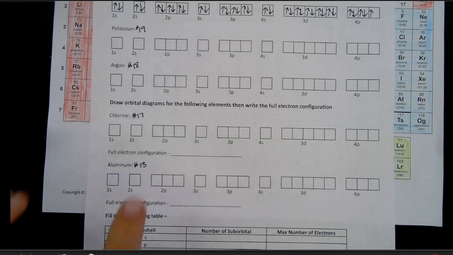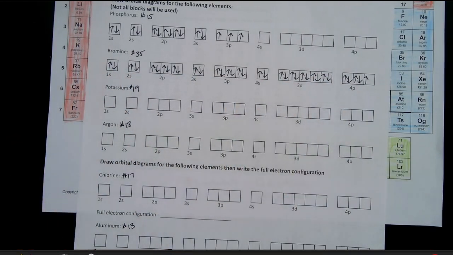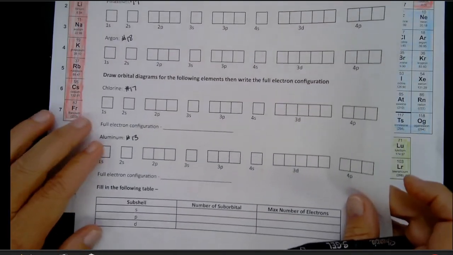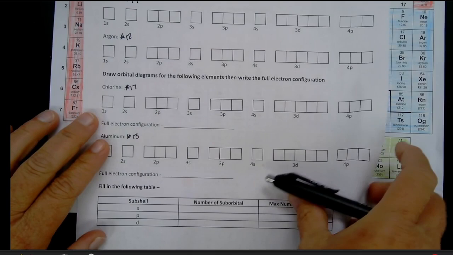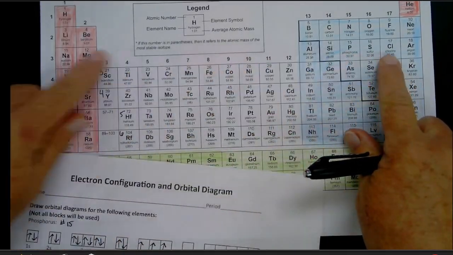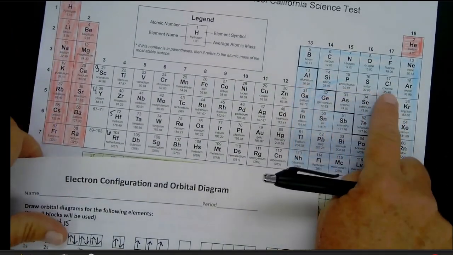Because one of the rules is that, as you notice, everything has to be full until you get to the highest energy level. Because you can't fill the highest energy level without filling everything lower. So I'm going to show chlorine here. So chlorine is number 17. It's here. If I look back, it's in energy level 3. Okay, shape P. So it's in the 3P.